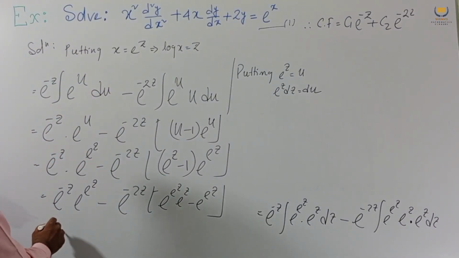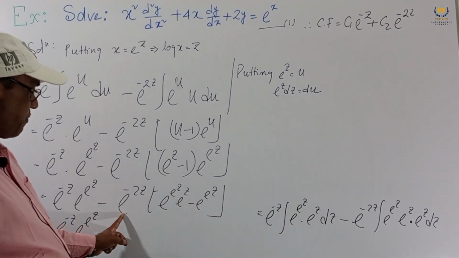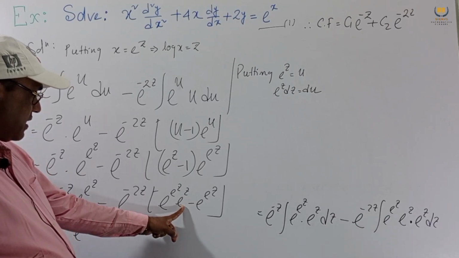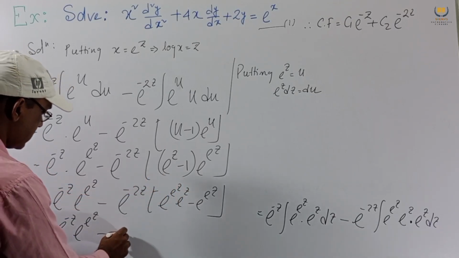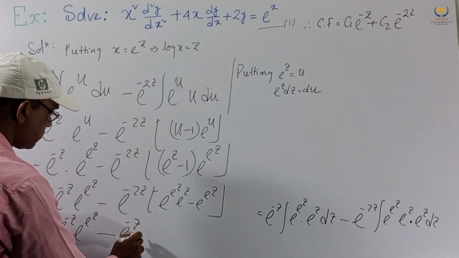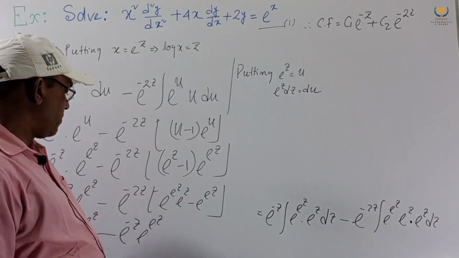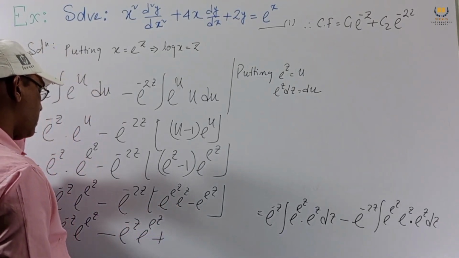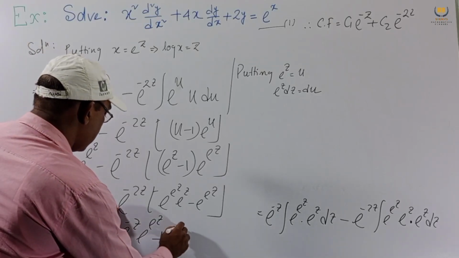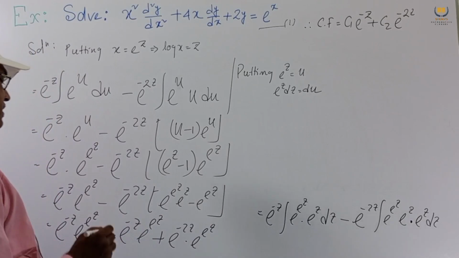And this will be e to the power minus z, e to the power z. If we multiply this one with this, then plus z minus 2z, we get minus e to the power z. And this one e to the power z. And this will be minus plus e to the power minus 2z, e to the power z.